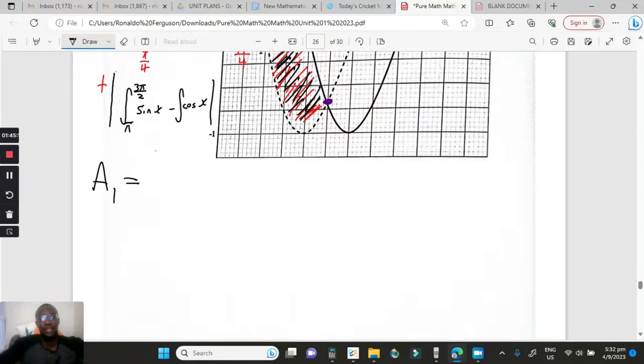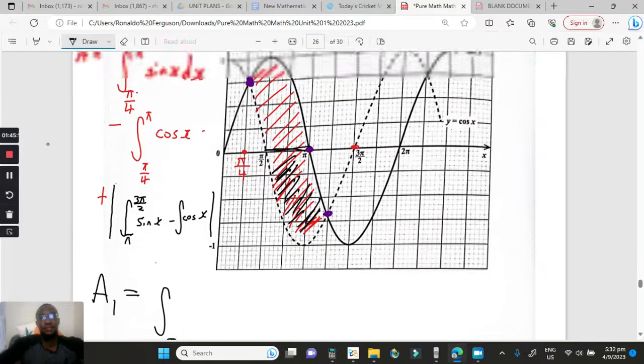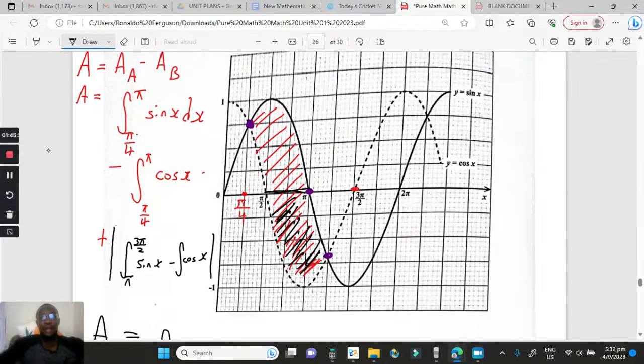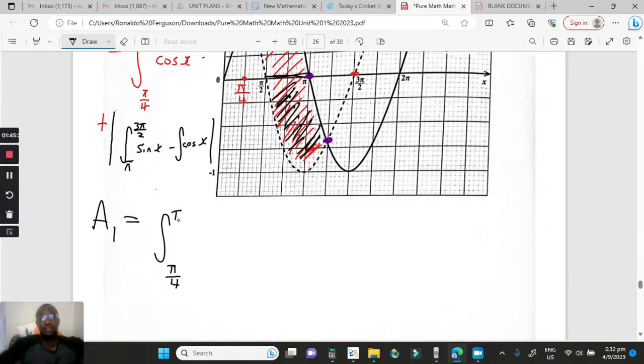Area 1, as I say, is the integral from pi over 4 to pi of sine x minus the integral from pi over 4 to pi of cos x.